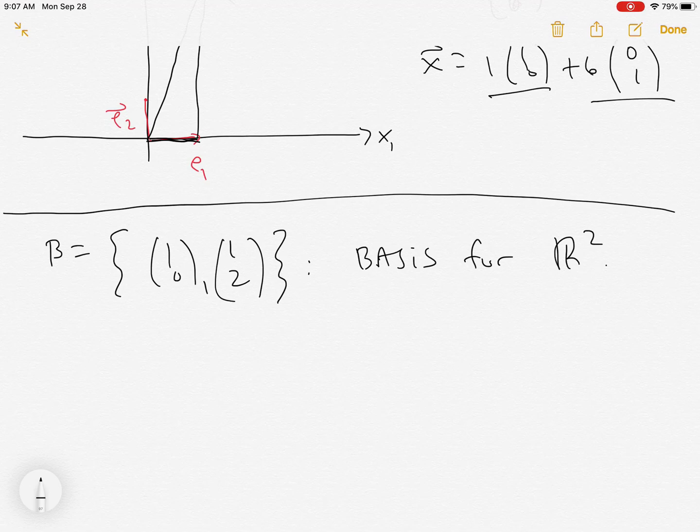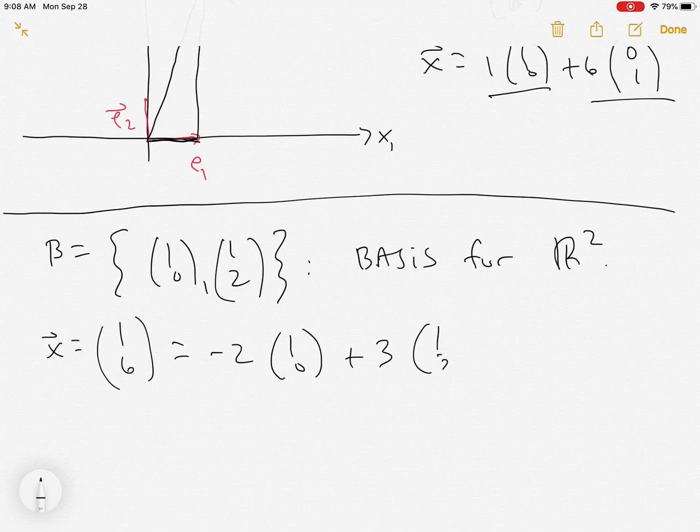So in particular, if I take this vector x that we're looking at, 1 6, I can write it as a linear combination of these 2 guys. And what I get is minus 2 times 1 0 plus 3 times 1 2.